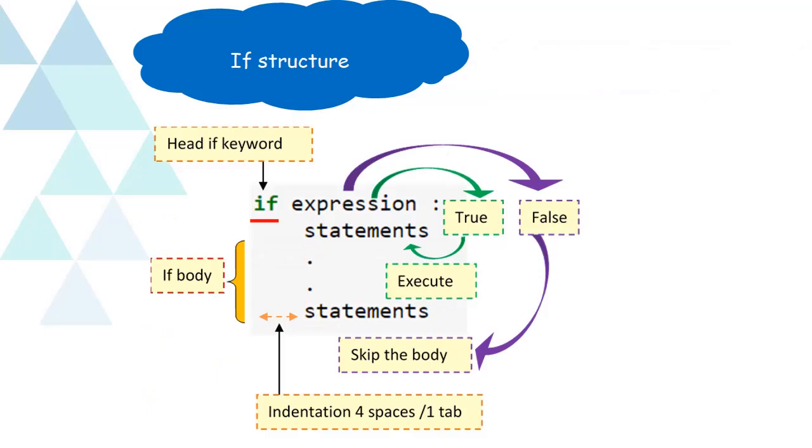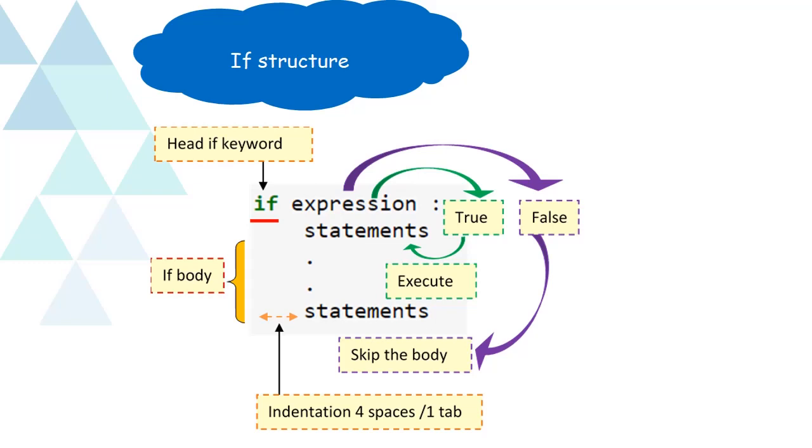If structure. So the if keyword is used for conditional statements, meaning if some condition is true then execute some statements. If that condition is not true, meaning false, it will not enter into the if block.